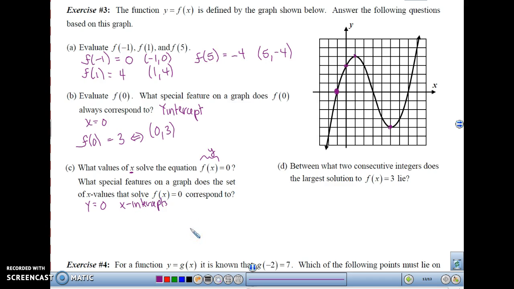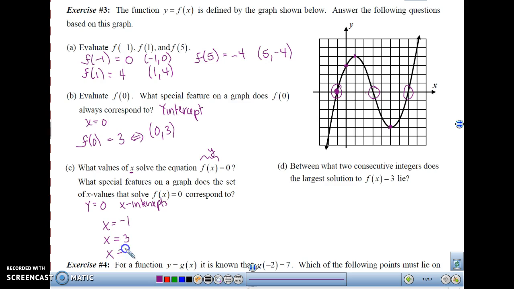Okay, now if we were to do this graphically, what we have to look for is where it crosses the x-axis. All right, so looking at where it crosses the x-axis, it actually crosses in 3 different places. It crosses it here, and crosses it here. So what x values do we have here? It says what values of x. So x would equal negative 1, x would equal 2, and x would equal 7.